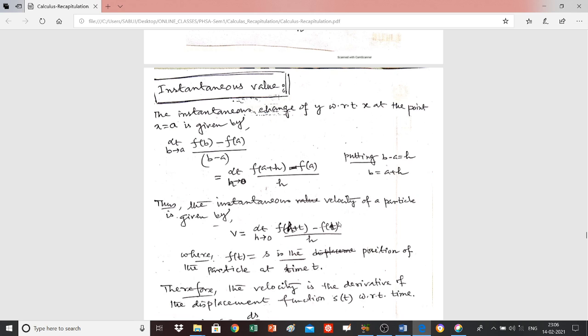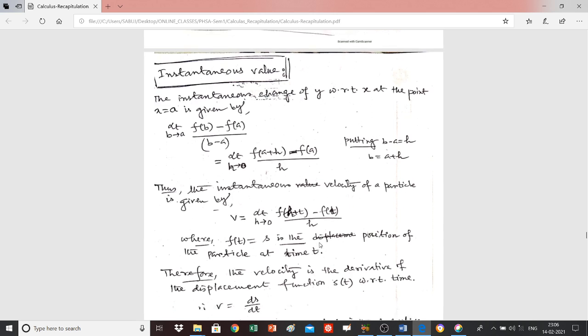Obviously you should remember that in this case f(t) is equal to s, the position of the particle at time t. So if you know the position of the particle at time t and at h plus t, with h tends to 0, then you can easily find the instantaneous velocity v from this relation, limit h tends to 0 of f(h plus t) minus f(t) by h.